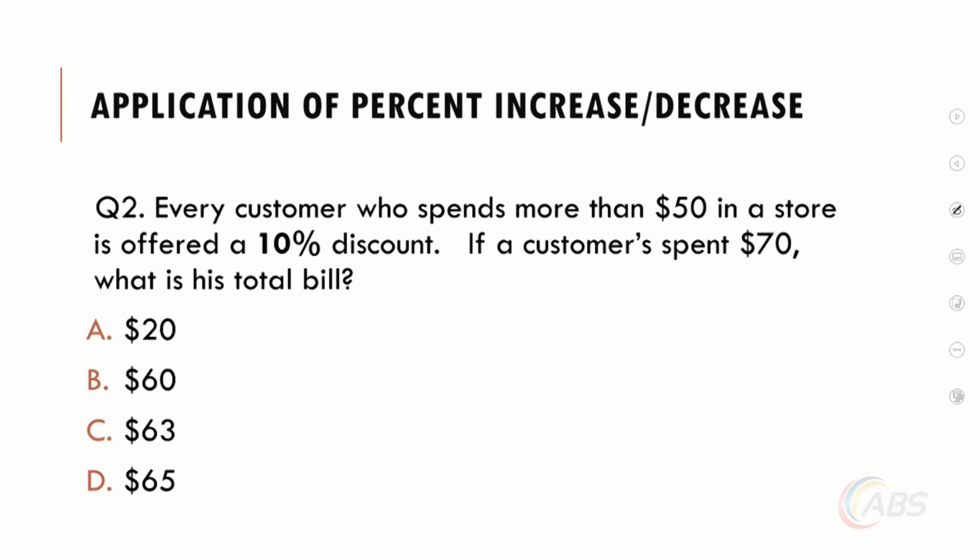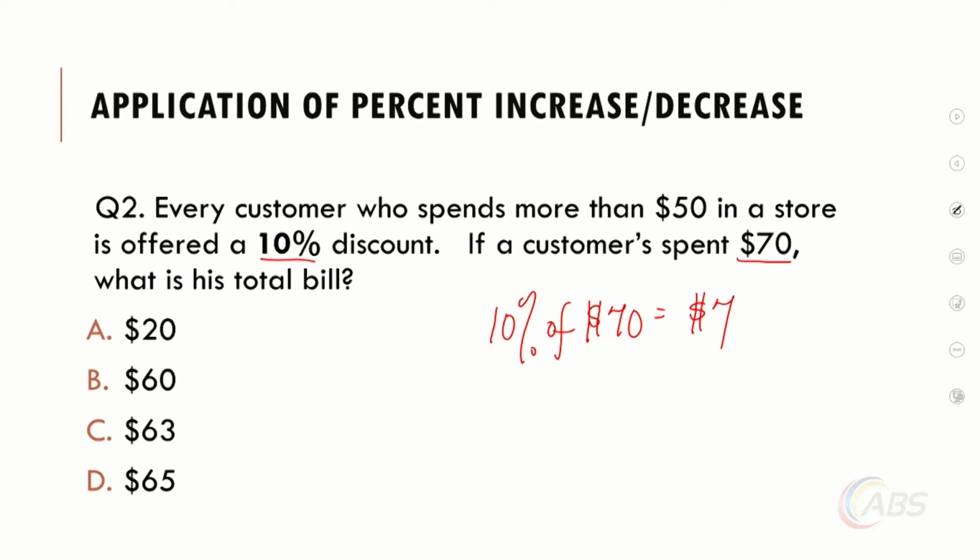So we'll begin again by talking about what we have. If they spend $50, they get a 10% discount. The customer spent $70, and so the discount is supposed to be applied to that person's bill. And this one's easy. So we find 10% of $70, which is $7.